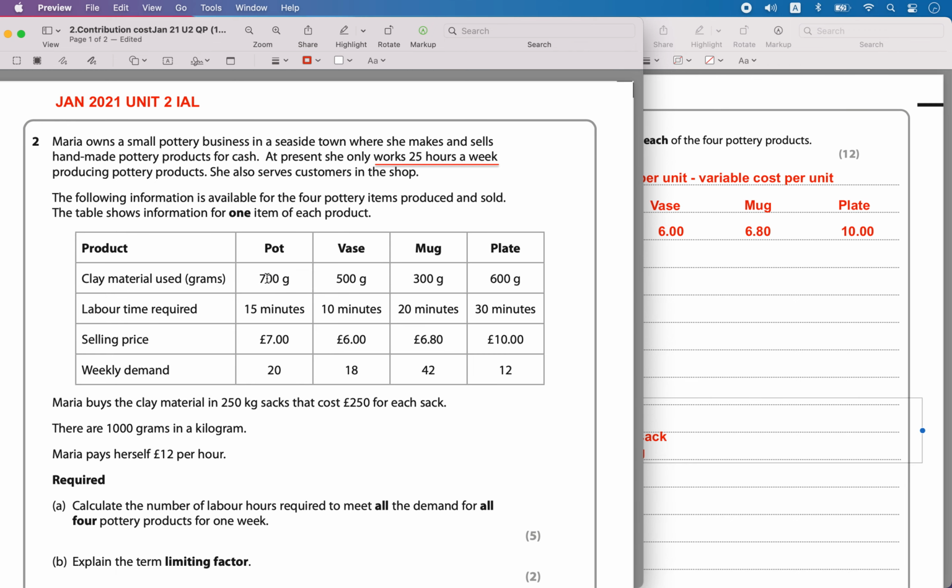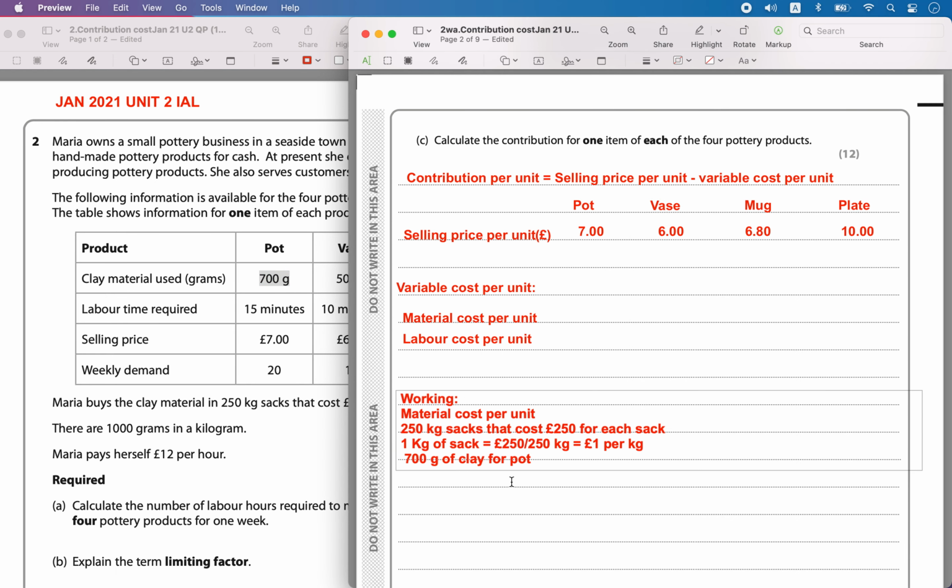But here I require 700 grams for the pot. So 700 grams of clay for the pot will cost, 700 grams is nothing but 700 divided by 1000 kg. We have to convert it into kgs. So 700 divided by 1000 is equal to 0.7 kgs.